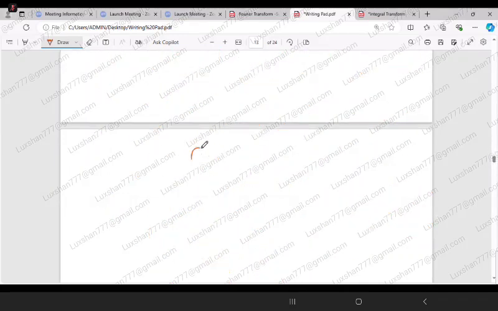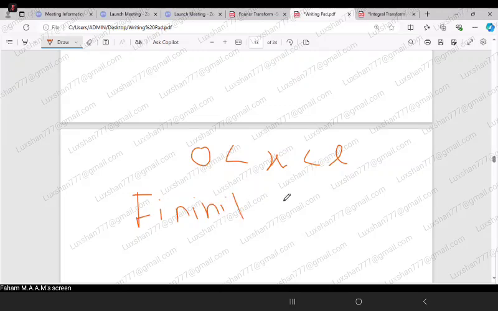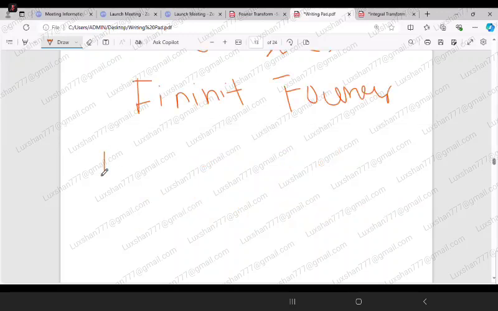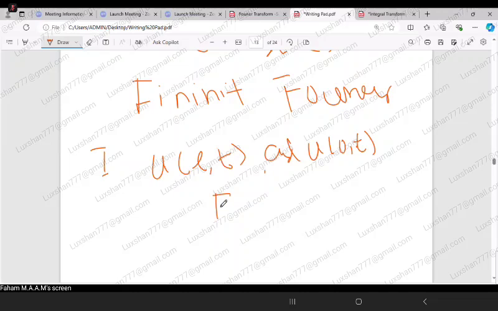Now we have two things. Now our range of x is less than L. Then you have to go for finite Fourier. In this one, if you know u L comma t and u 0 comma t, then we go for finite Fourier sine transform.